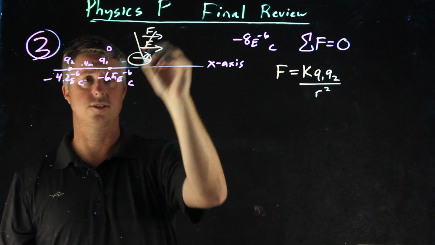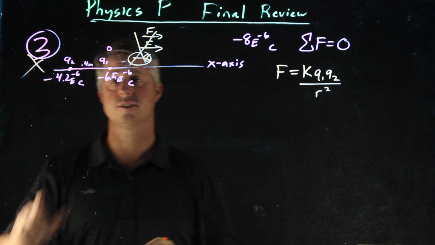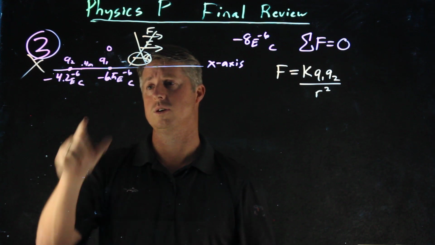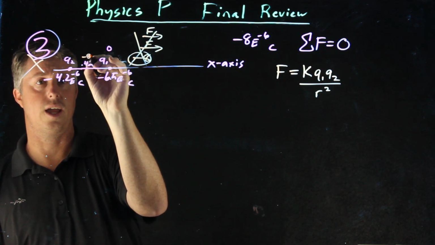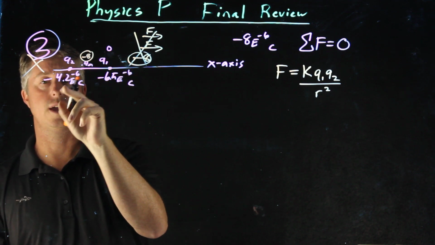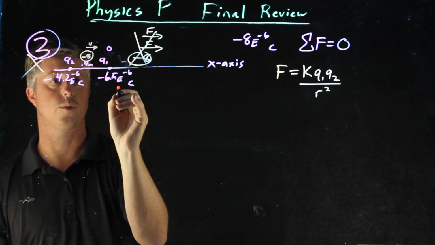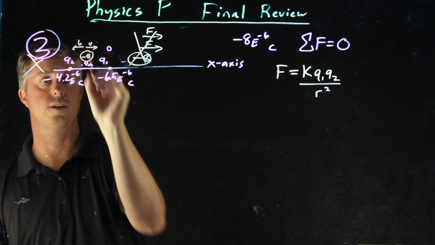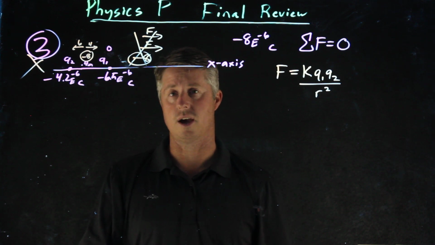These don't have a chance to cancel, so it cannot go on the outside. It cannot go on the outside on this side for the exact same reason, which means if I put this in the middle here, if I place my negative 8 charge, the negative 4 is going to cause it to move this way. That's because of the force of the 4. And the 6 is going to move it this way. That is going to give me an option of them canceling out.